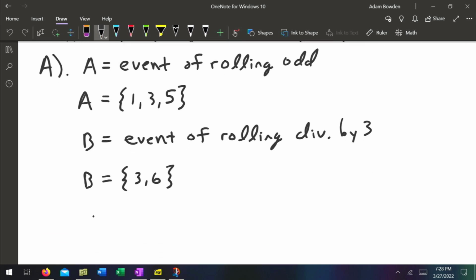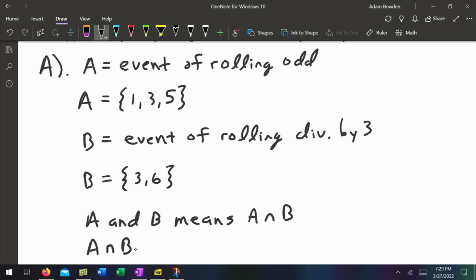So by our new notation, where we're trying to figure out the probability of rolling odd and divisible by 3, that would be the same as A and B. That means A intersect B. So A intersect B is the situation of rolling a number that is both odd and divisible by 3.